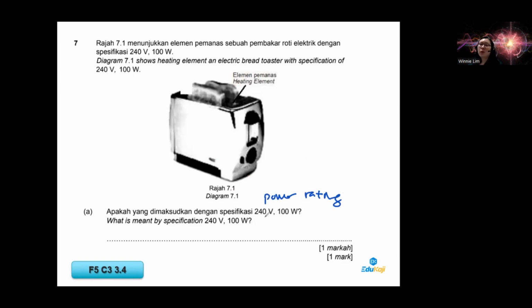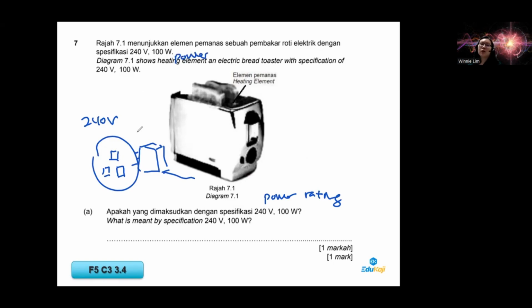That means when we plug into the power supply, all the households in Malaysia, when you plug in your electrical device, basically we are supplied with 240 volt, right? So this watt refers to the context of power.